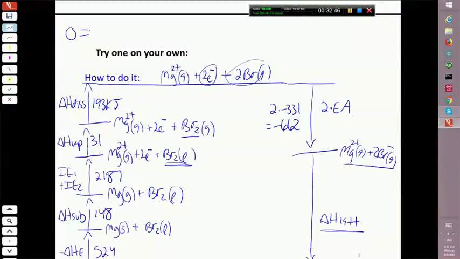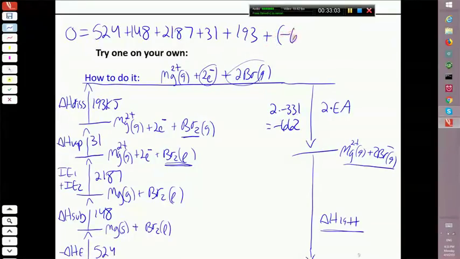We have 524, which is the first number down here, plus 148, plus 2187, plus 31, plus 193. Those are all the endothermic steps, and then we have an exothermic step of minus 662, plus lattice enthalpy. All of those added together equals 0.